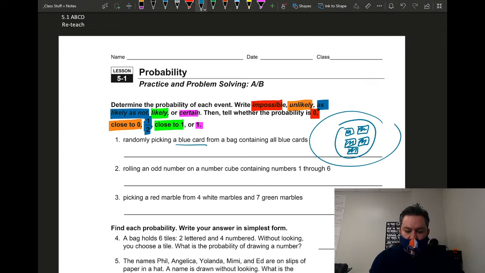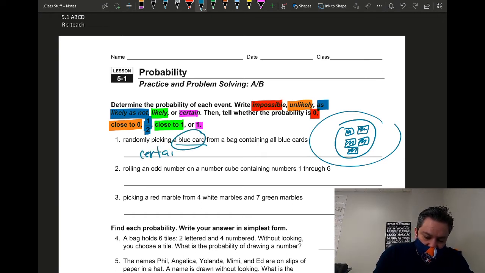Is it going to be impossible, unlikely, as likely as not, likely, or certain? It is going to be certain, because all you can pull out from that one is a blue card. So this is going to be certain, which is 1 or 100% probable. And then you're going to do the other ones.